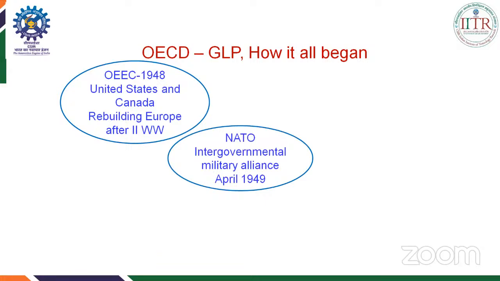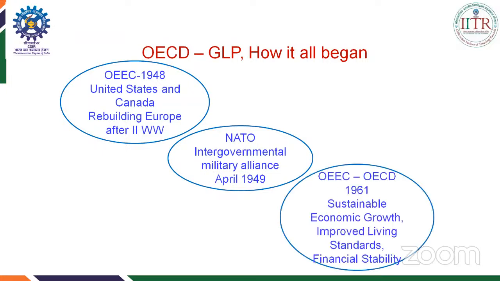Subsequently, there was also military cooperation between the countries, and that led to the formation of NATO. And finally, from 1960 onwards, once the military and economic cooperation was achieved, the countries started feeling the need for improved living standards to maintain sustainable development. And that's when OECD came into being, for sharing of data.